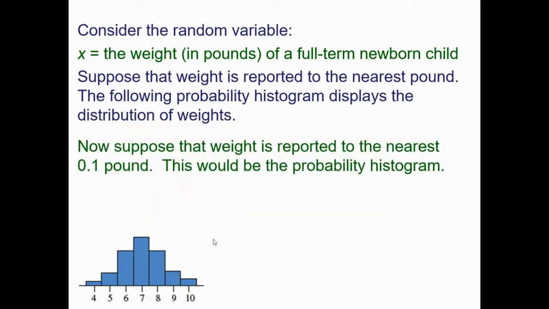That still holds true even when we get the weights reported to the nearest tenth of a pound. Notice we went from almost like stair steps to now it's looking more like an actual graph. The bars are so small. You can still see the jaggedness, and then on your paper it almost looks like the picture is pixelated.